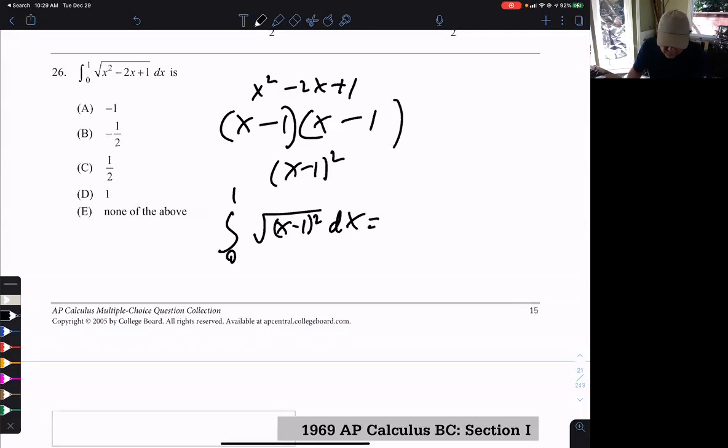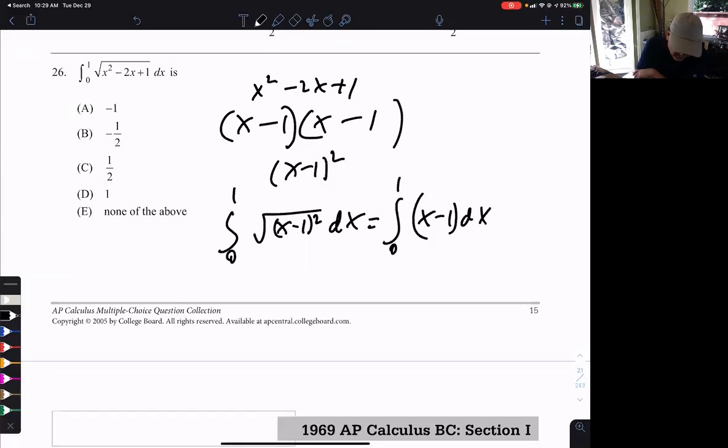Now we have to be careful here, and I'll explain why we have to be careful. Square rooting and squaring, all of a sudden, things that weren't okay are okay now. Just gotta be careful. So if our answer doesn't come out right, we'll have to evaluate why.